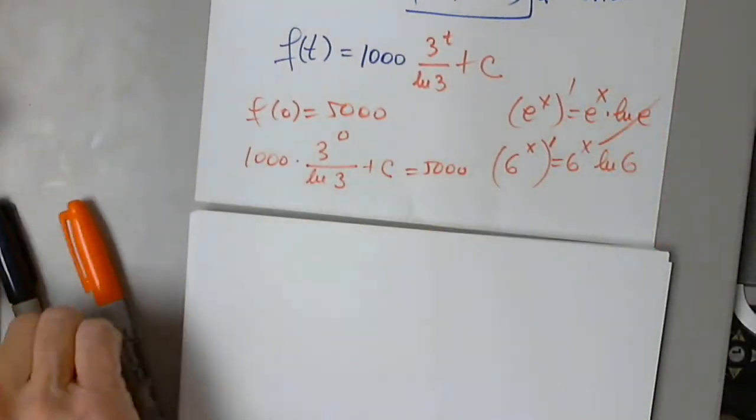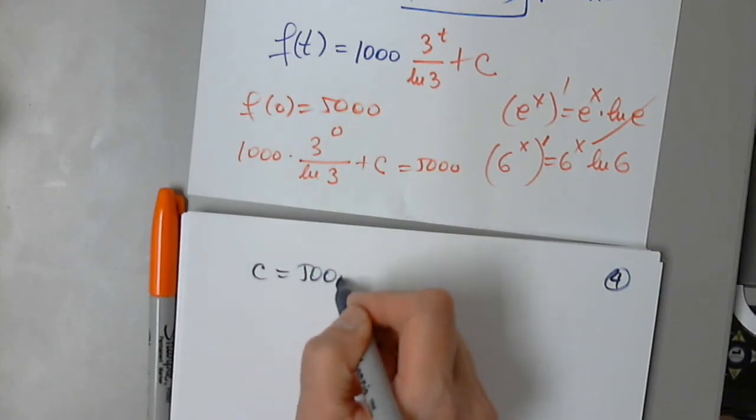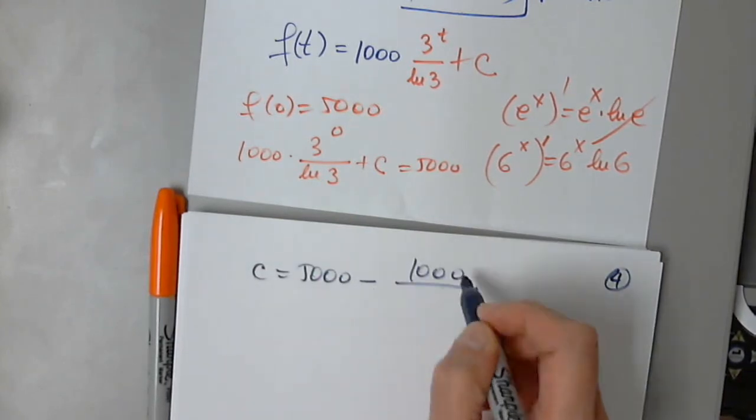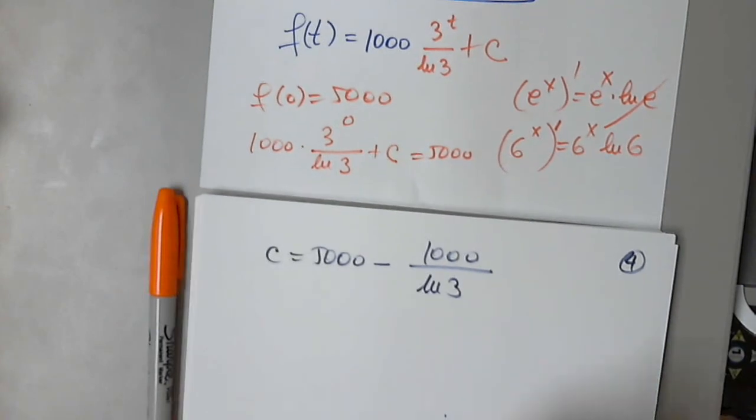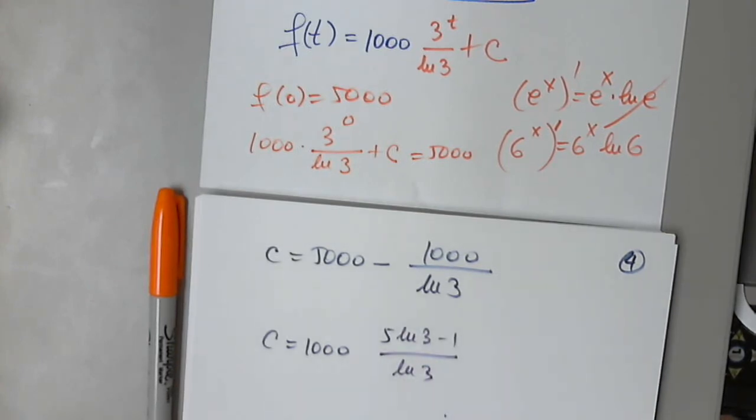Ugly, but that's what it is. So c equals 5,000 minus 1,000 divided by natural log 3. You can simplify it a little bit. I will take out, of course, 1,000, and I have 5 natural log 3 minus 1 over natural log 3. Is there a need to do this? No. It doesn't matter. So now I can put it back in the function anyway.